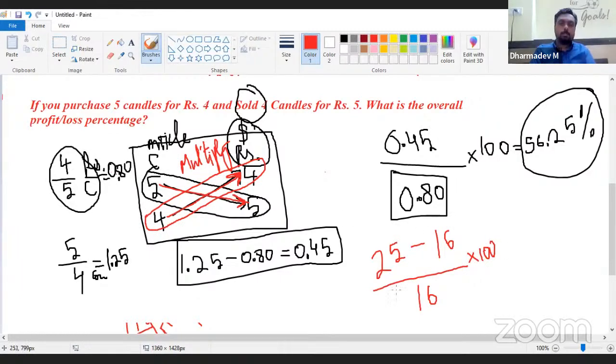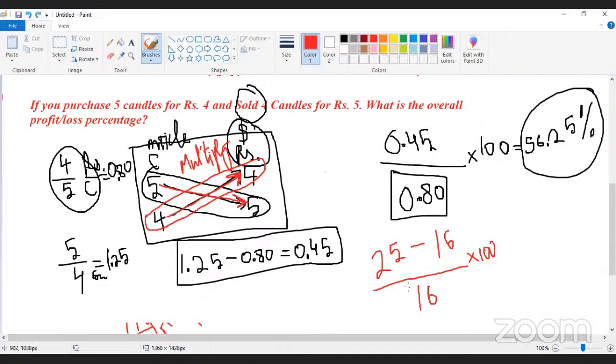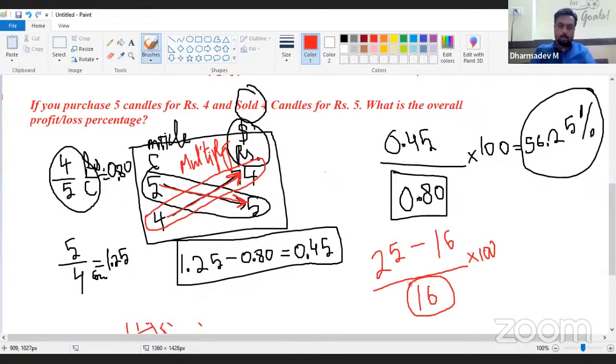Cross multiply them. If you know it's a profit, write the smaller number over here. If you know that it's a loss, write the bigger number over here. So in this trick of cross multiplying, profit means a smaller number in the denominator. If it's a loss, a big number in the denominator.